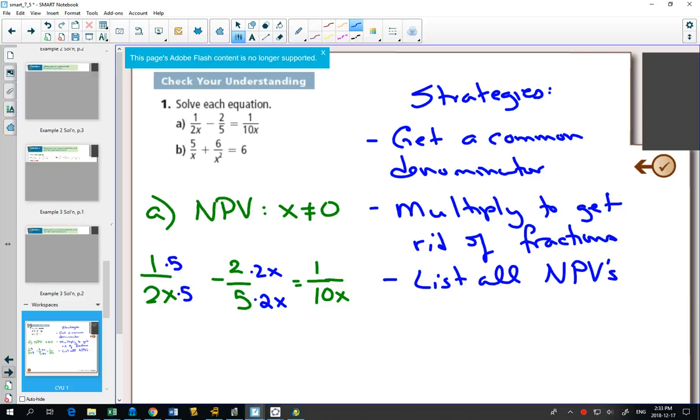So if we rewrite it now with a common denominator, I'm going to have 5 over 10x minus 4x over 10x equals 1 over 10x.